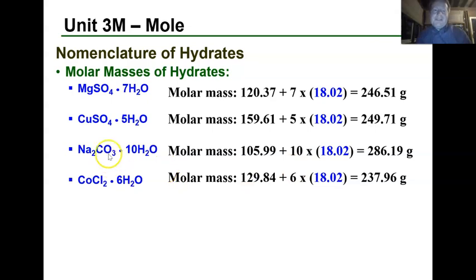All right, this one is just the mass of Na2CO3 plus 10 waters, so 10 times that equals this number. So this is for sodium carbonate decahydrate. And then finally, this is the mass of this one, so you take CoCl2 like you would normally, plus 6 water molecules equals that for cobalt(II) chloride hexahydrate.